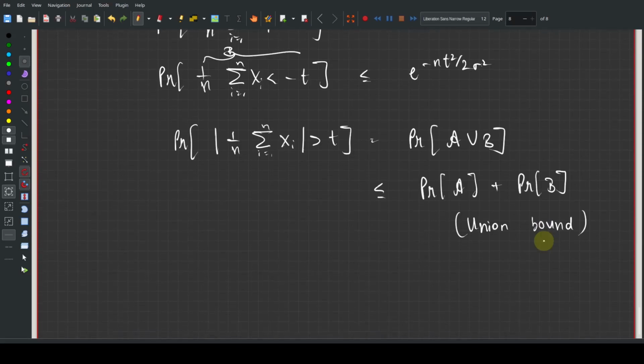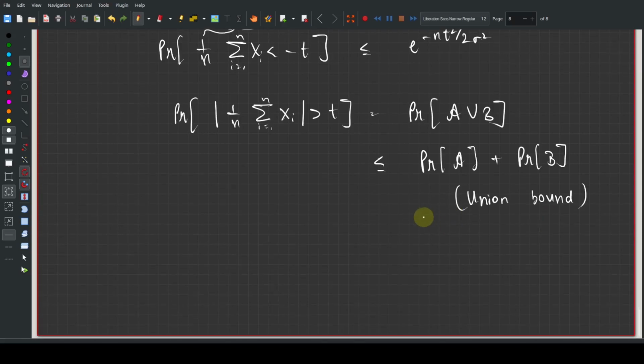Okay, so the probability of A plus probability of B. So I have this union bound, right? So what can I say about this? This is less than or equal to, again applying Chernoff's inequality, 2 times e to the minus n t square by 2 sigma square.